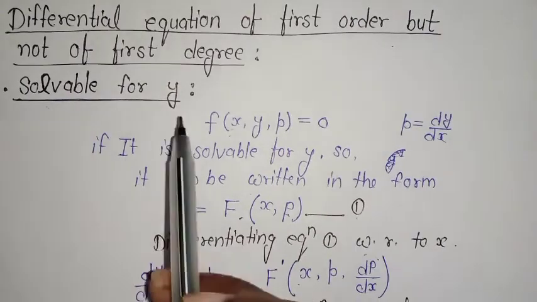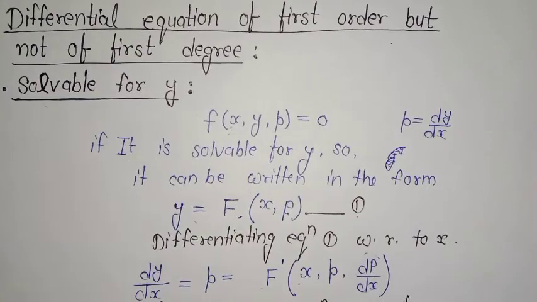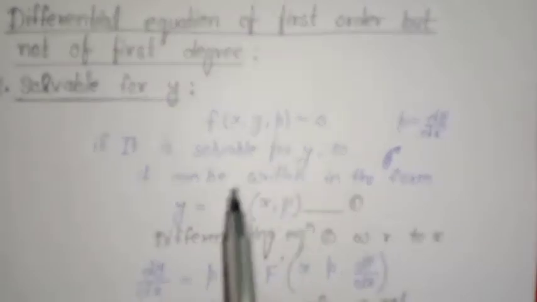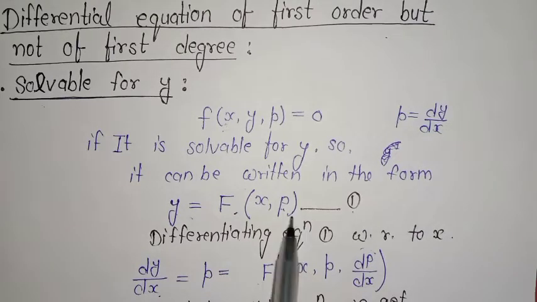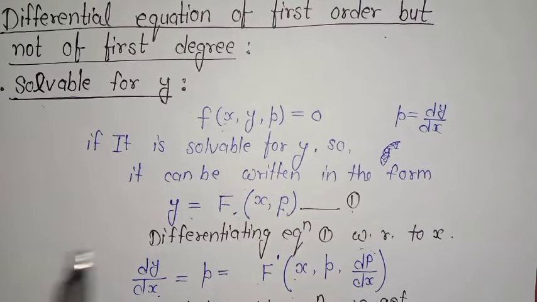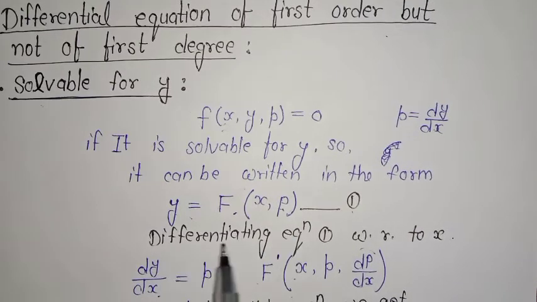And yes, after seeing the degree of y, you can understand whether it is solvable for y or not. Firstly, we have to write y at one side and other terms at the other side, so it becomes a function of only x and p. Now we will differentiate this equation with respect to x.